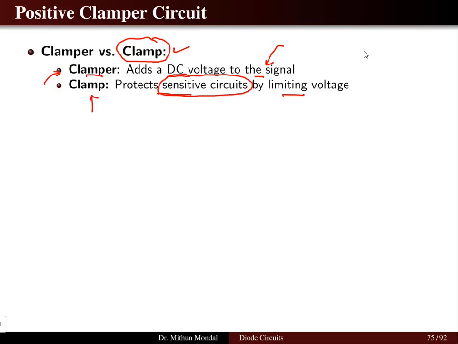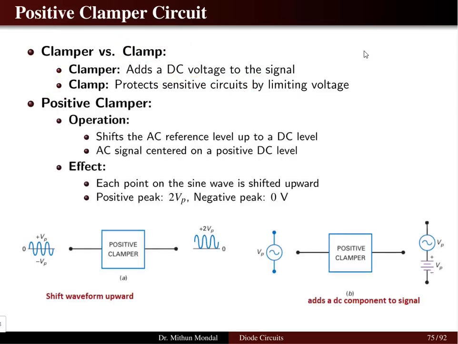What are positive clampers? Positive clamper operation will shift the AC reference level up to the DC level. So here we have the positive clamper. We are giving an AC signal of maximum amplitude plus Vp, and negative minus Vp.